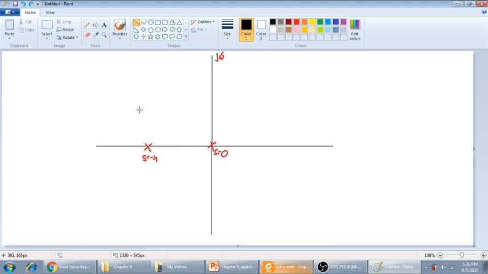Then here you can get s equals maybe minus 8.